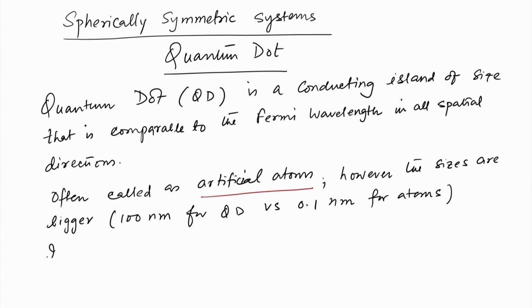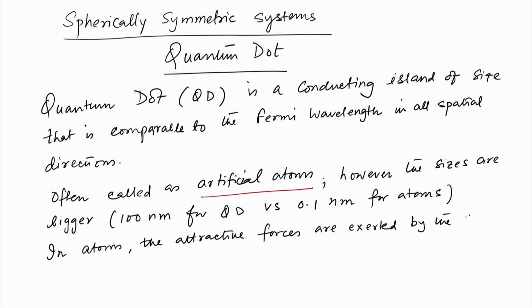atoms. And the other difference is that in atoms, the attractive forces are exerted by the nuclei, which contain of course the protons, while in QD, the attractive forces are provided by the background charges.